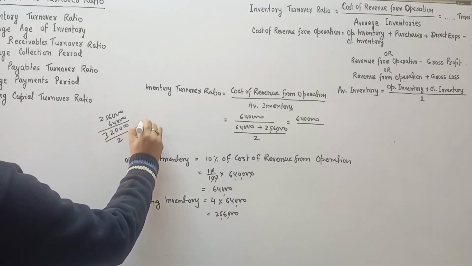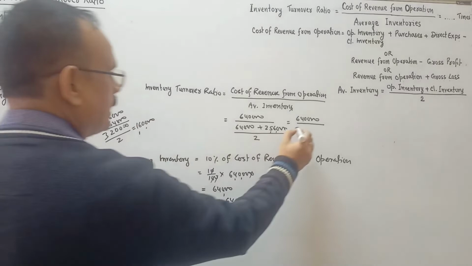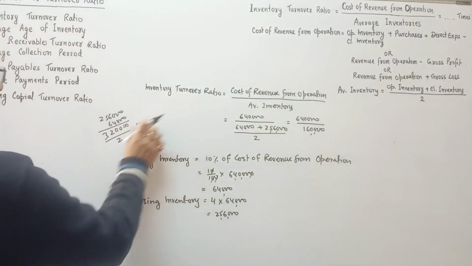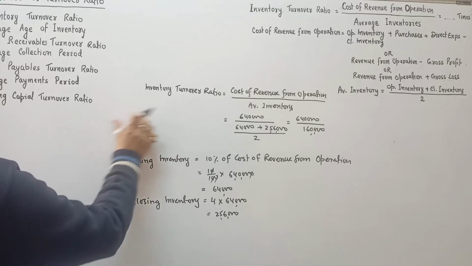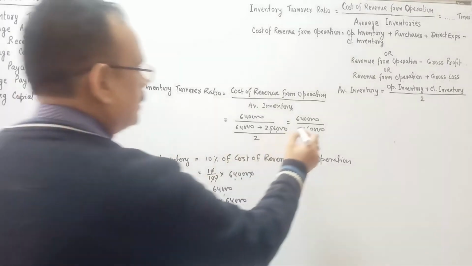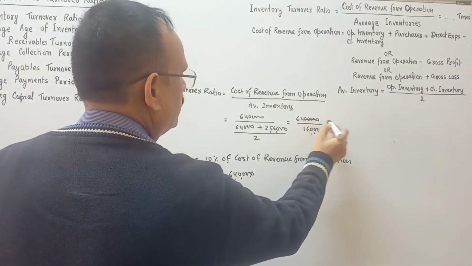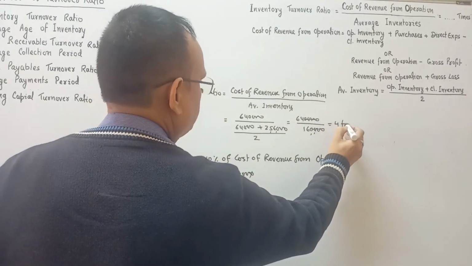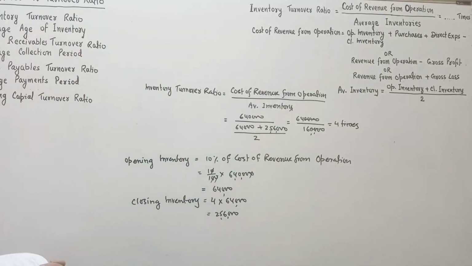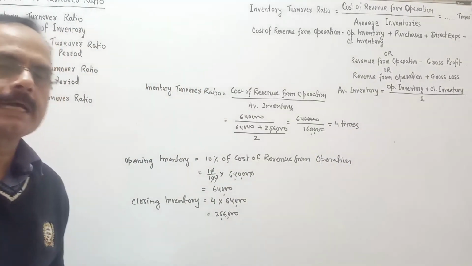So it's 1,60,000 is the average inventory. Is it clear? 1,60,000 is your average inventory. So the inventory turnover ratio is 4 times.